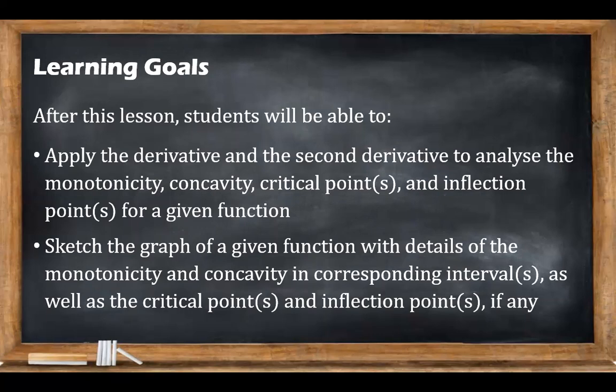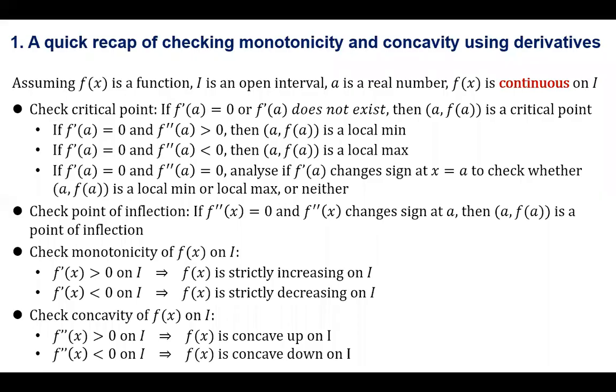Okay, so first of all, let's have a quick recap of checking monotonicity and concavity using derivatives. So assuming f(x) is a function and I is an open interval, a is a real number, and f(x) is continuous on the interval I. We can use the following techniques to check critical points.